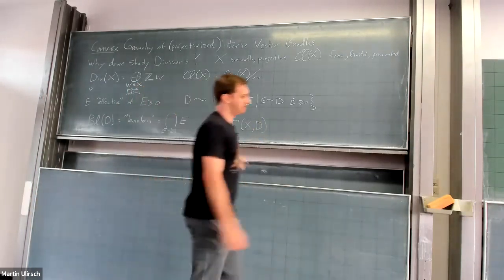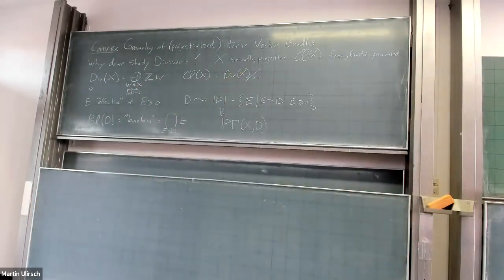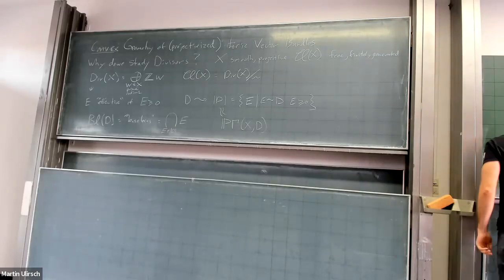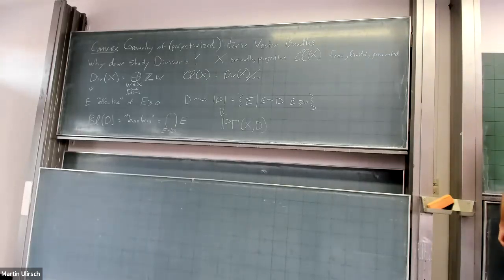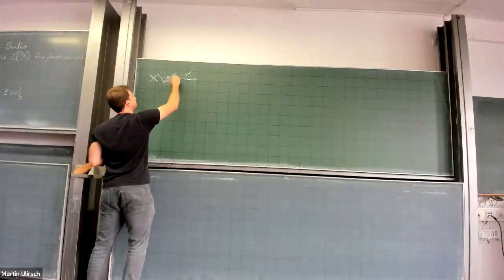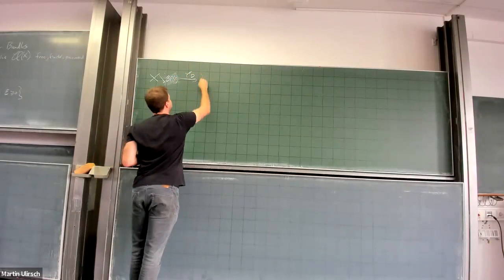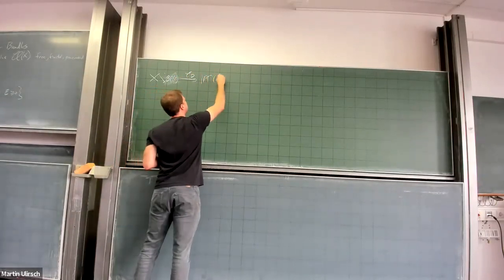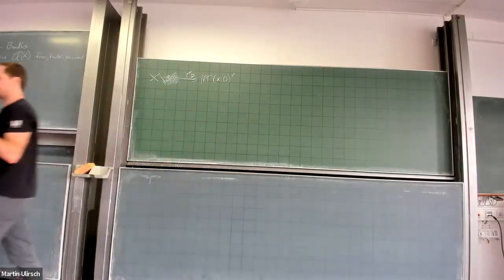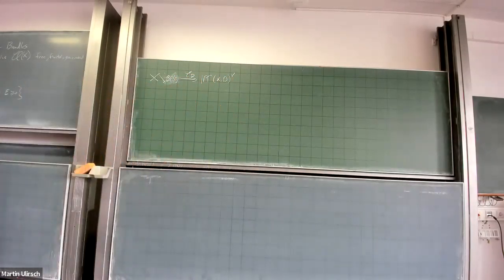And then the point is that we get a map, after we remove the base locus, to this projective space. So this is the point of divisors: we get a map to a projective space.